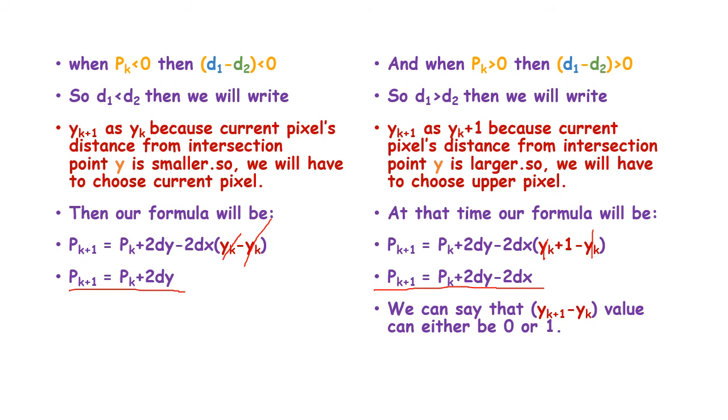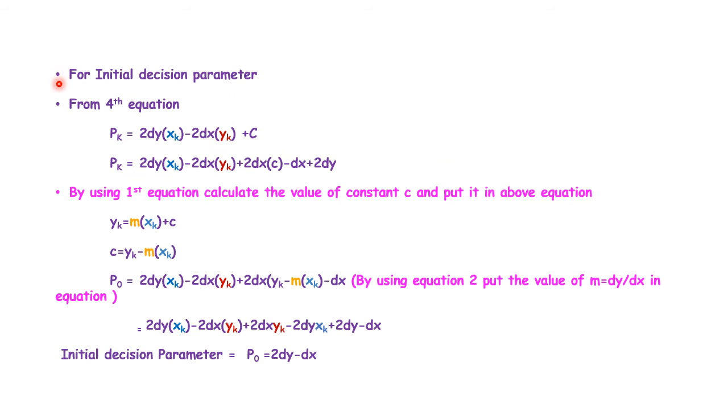Now here the yk plus 1 minus yk value is 0, and in this equation the yk plus 1 minus yk value is 1. Now after this we need to calculate the initial decision parameter.